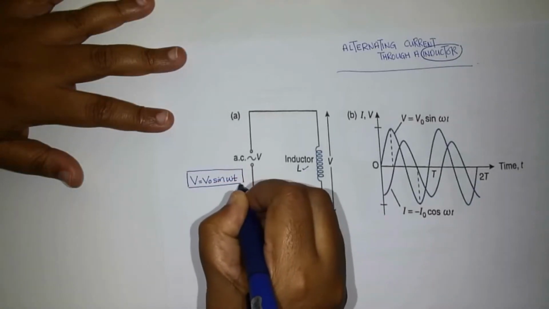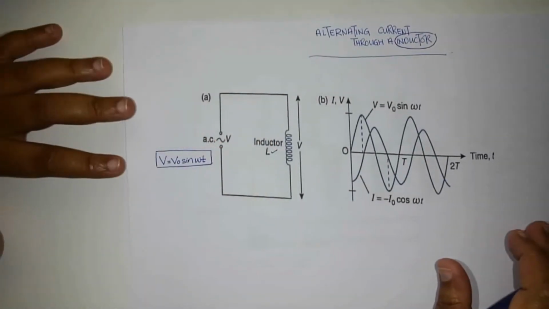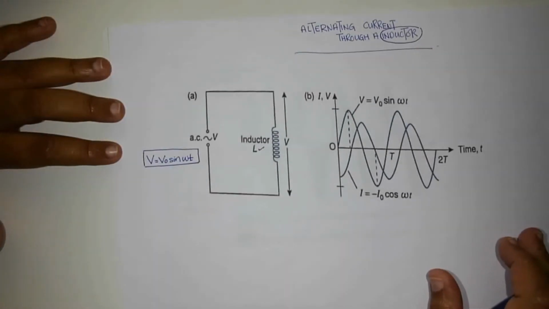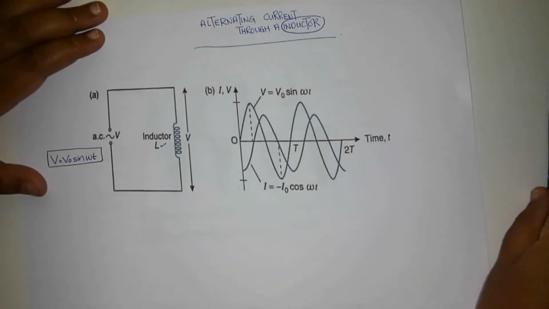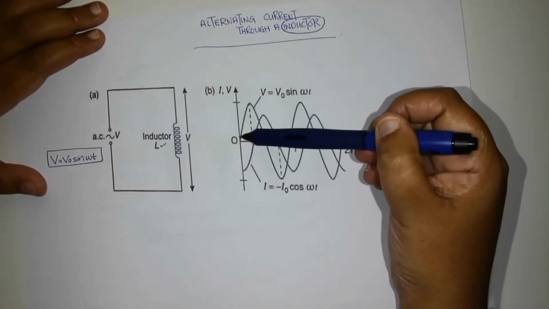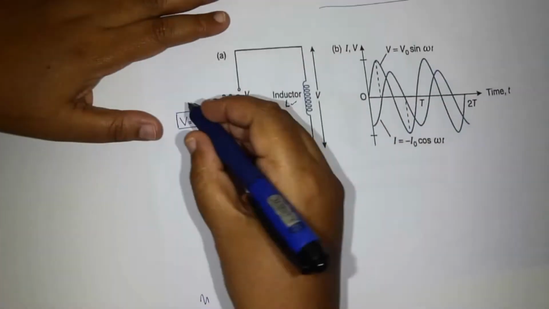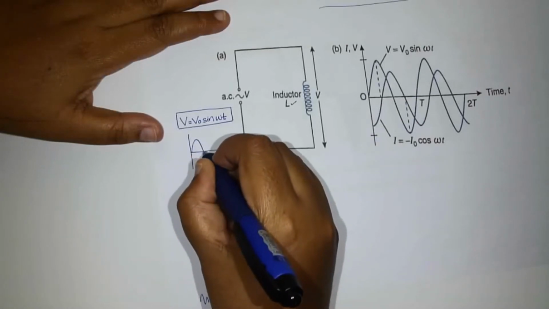So the voltage applied across a pure inductor, V equals V naught sine omega t. If I want to draw the graph, it's a sine graph, so the graph is like this.